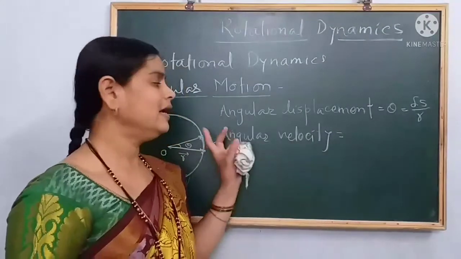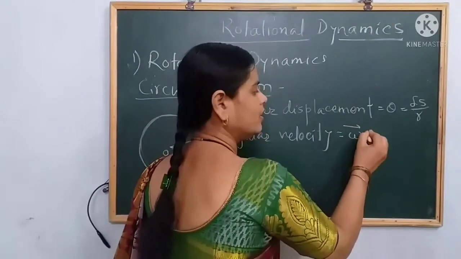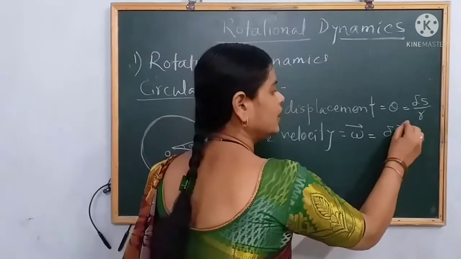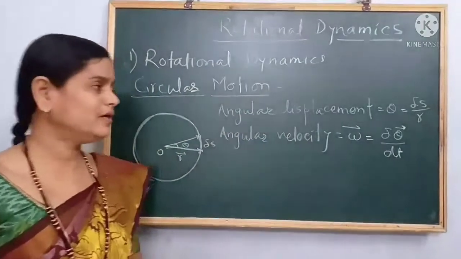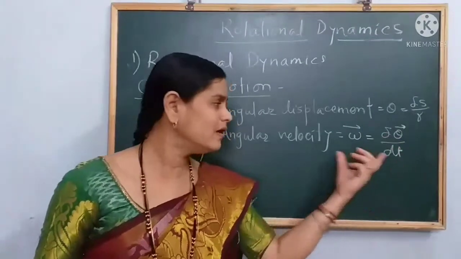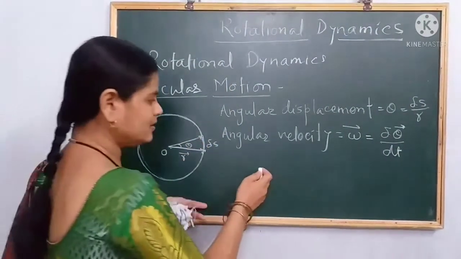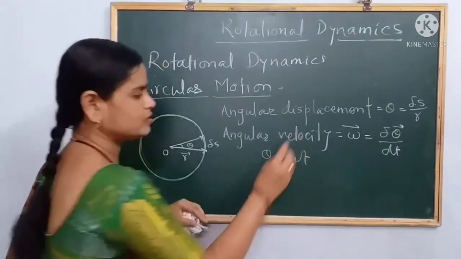Similarly, angular velocity, denoted by omega, is the rate of change of angular displacement. So omega can be written as delta theta divided by delta t. We can also say theta is equal to omega times t.